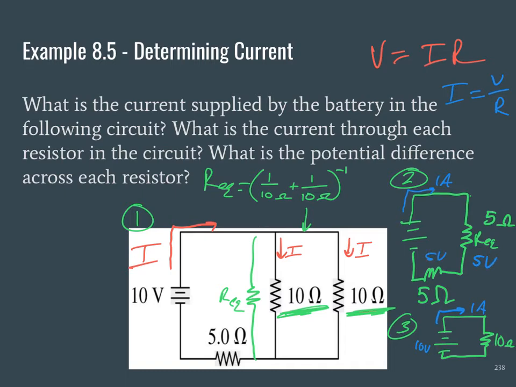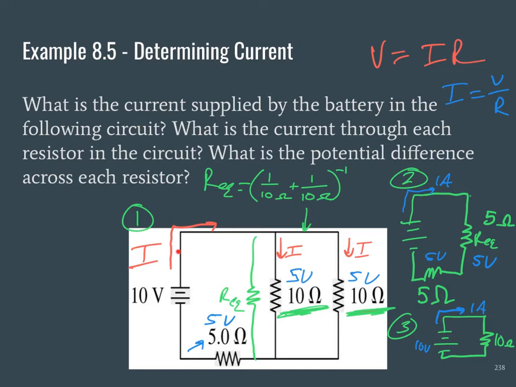So I can work my way backwards again, and I'm going to go back to circuit 1. The 5 ohm resistor right here doesn't change. It's still 5 volts. Now, the rule with parallel is that each branch gets the voltage drop. So this 10 ohm resistor gets 5 volts, and this 10 ohm resistor gets 5 volts. And some of you might, again, think that this violates Kirchhoff's loop law.